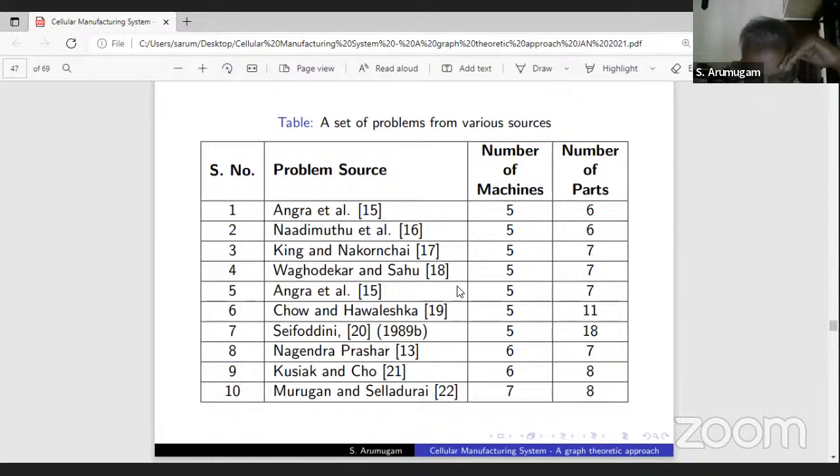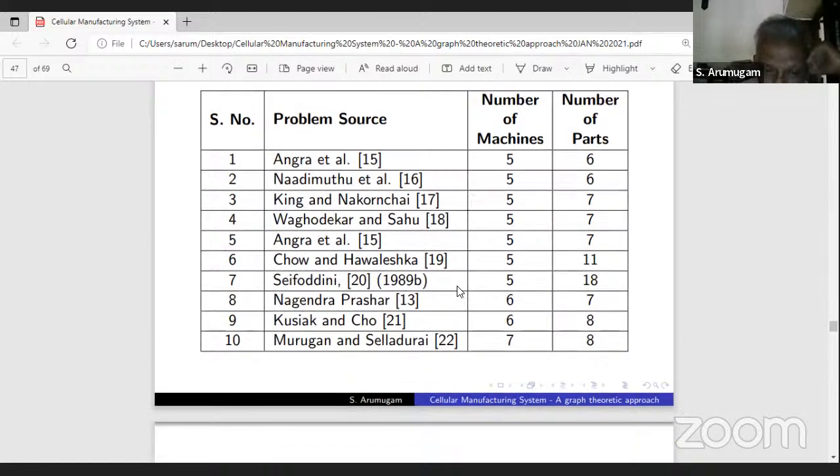Then for all these problems, I applied my DFS algorithm and got the answer, and I compared. For all the 20 problems, I did this exercise. This is to make the paper stronger.